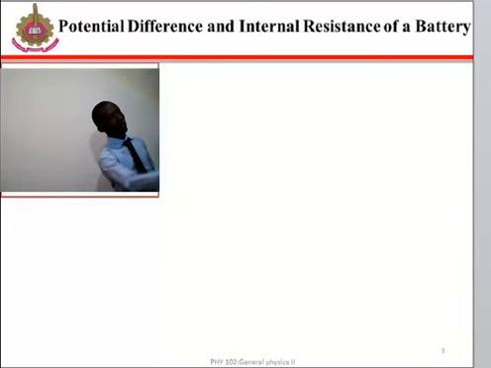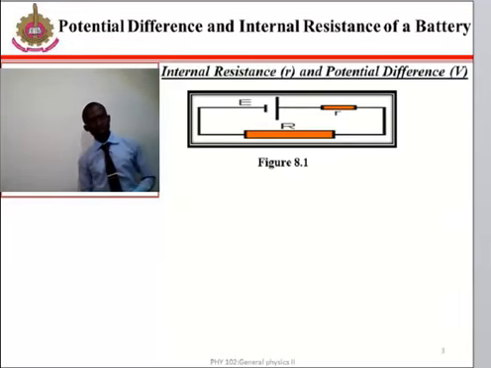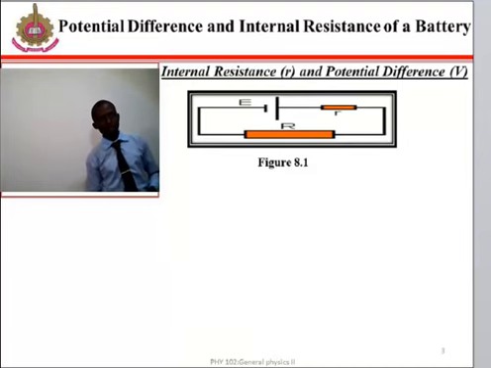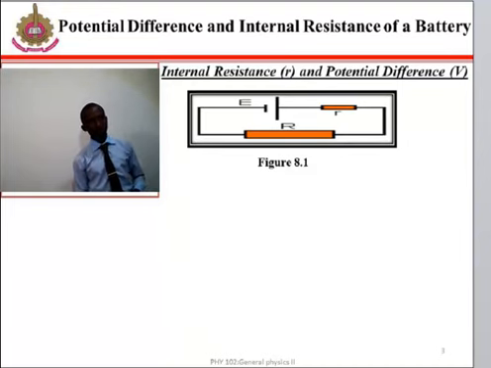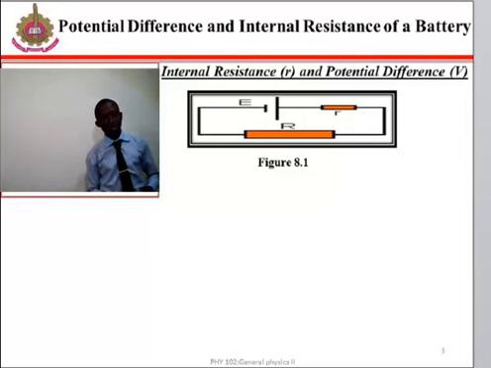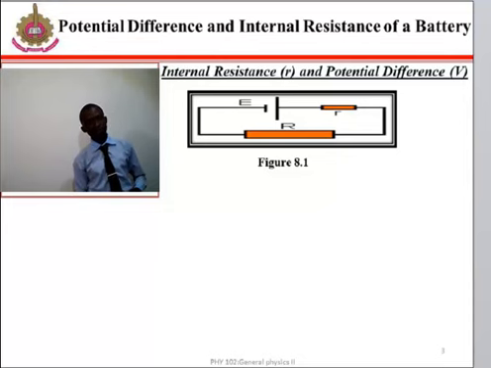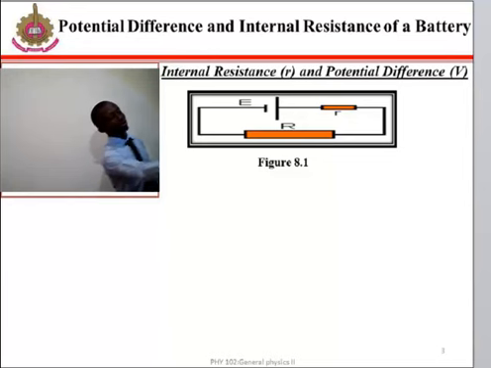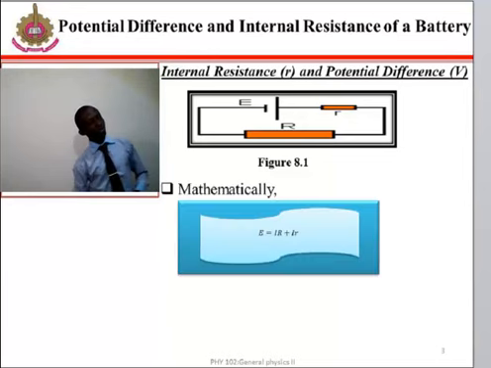As depicted in figure 8.1, a cell produces a voltage called electromotive force E, which in turn produces a potential difference V across the cell and the external resistor R. The EMF E, the external resistance R, and the internal resistance small r of the DC circuit in figure 8.1 are thus related by the expression E equals IR plus Ir.